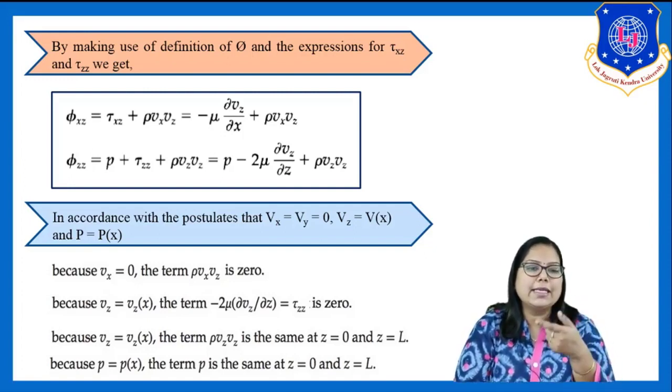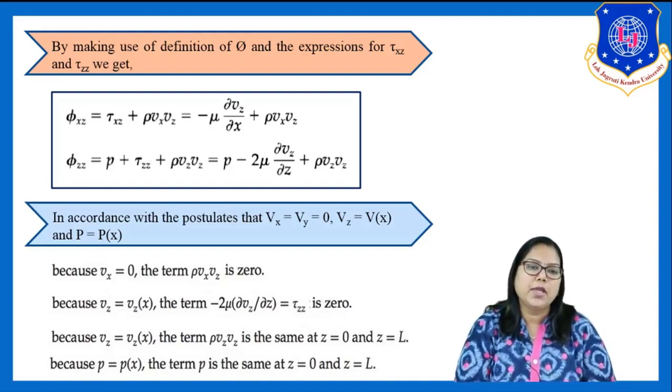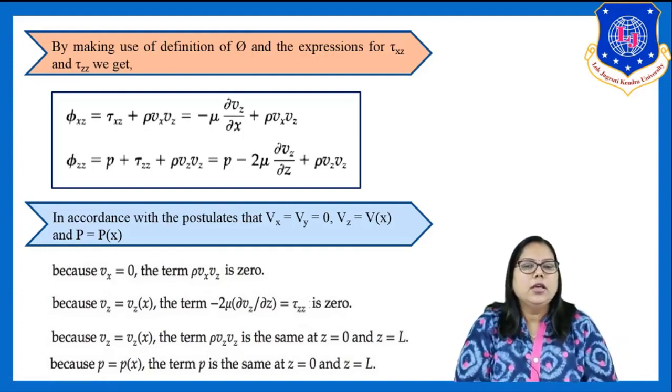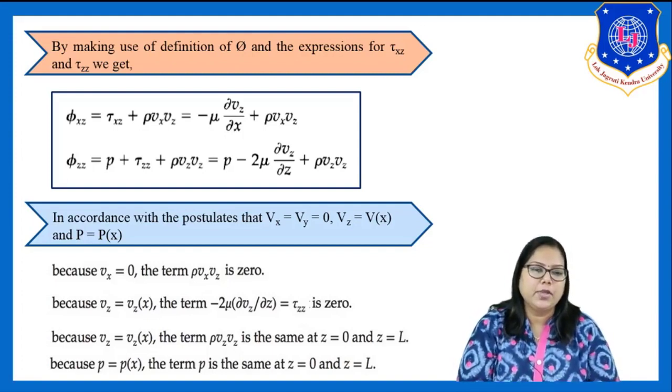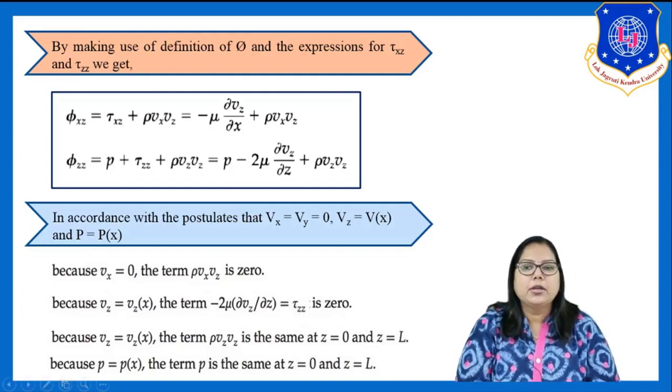So Vx and Vy are equal to 0, and Vz is a function of x, because the fluid is flowing in the z direction. And pressure P is a function of x. These are the assumptions which we have taken.